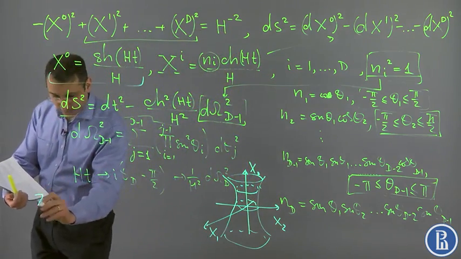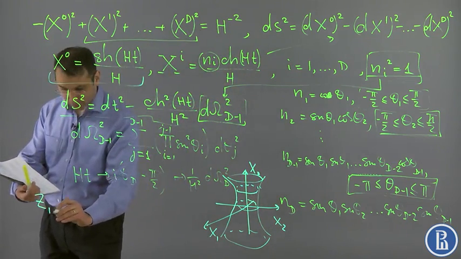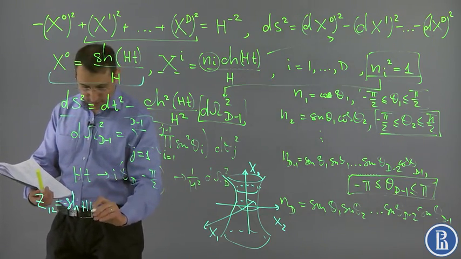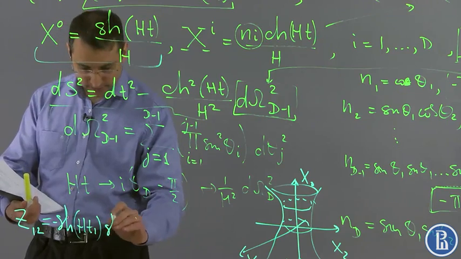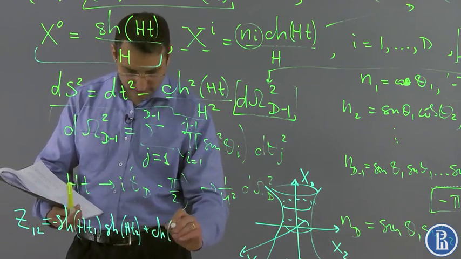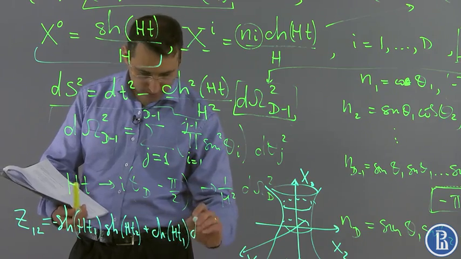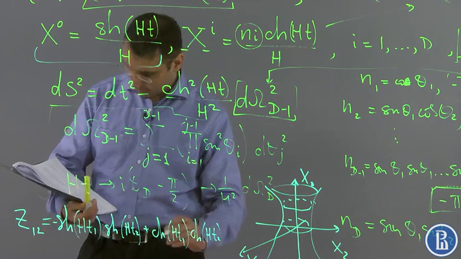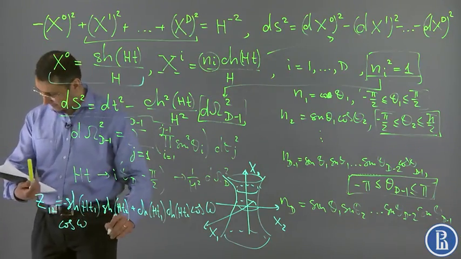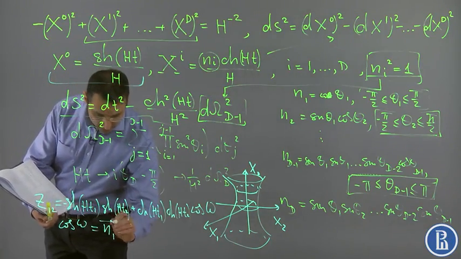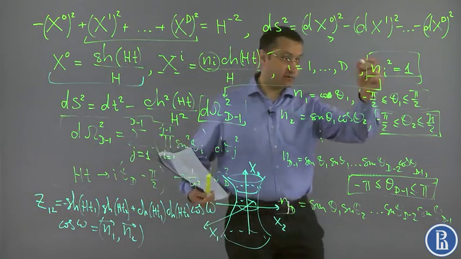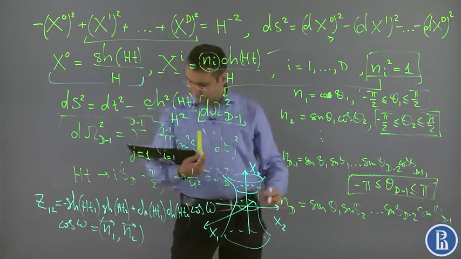Using this, one can see that the hyperbolic distance is expressed as minus hyperbolic sine of h t1 times hyperbolic sine of h t2 plus hyperbolic cosine of h t1 times hyperbolic cosine of h t2 times cosine of omega, where cosine of omega is nothing but the scalar product of n1 and n2, the vectors defining the first and second point.